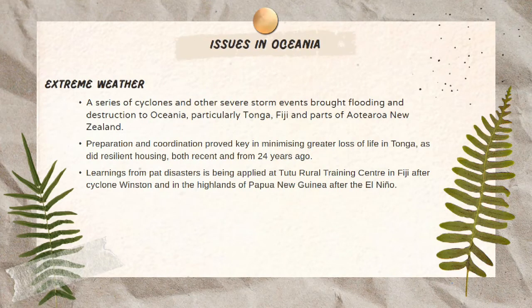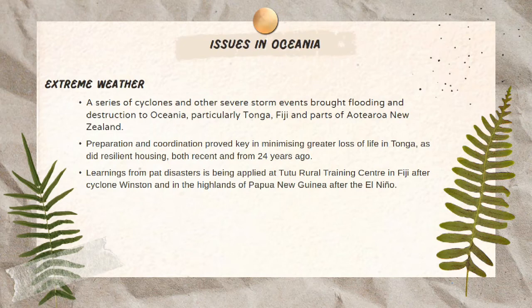Next is extreme weather. A series of cyclones and other severe storm events brought flooding and destruction to Oceania, particularly Tonga, Fiji, and parts of Aotearoa, New Zealand.